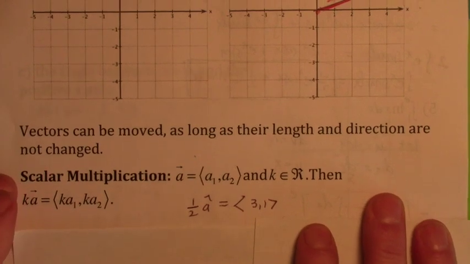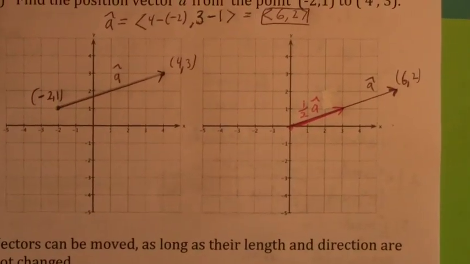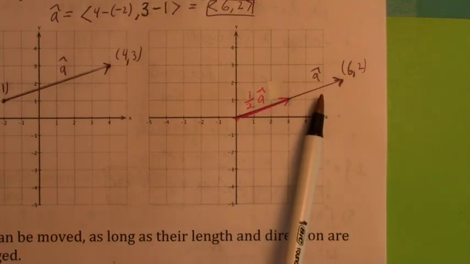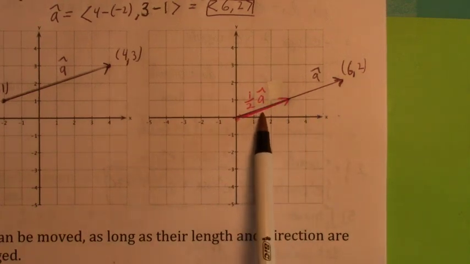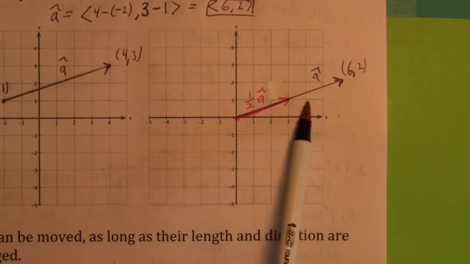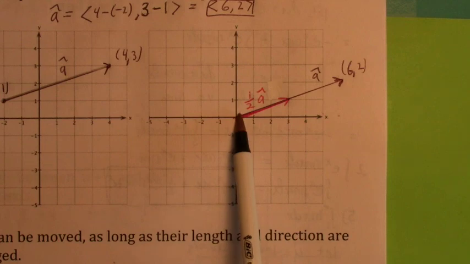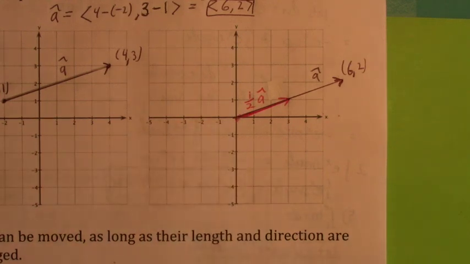The significance of that is that it's a shrink. You're shrinking the length of A. You don't change the direction, but whenever you multiply a vector by a scalar, you're either making it longer or shorter. And if you multiply by a negative number, it actually causes a reflection as well. It goes in the opposite direction.